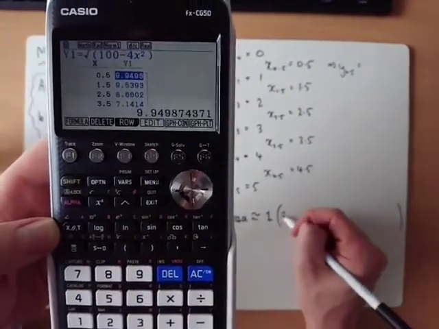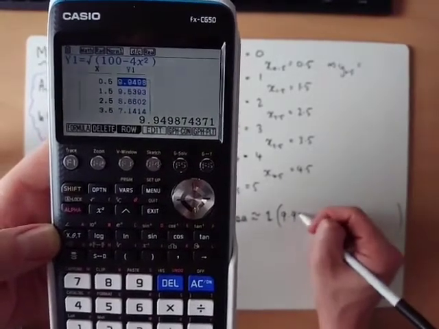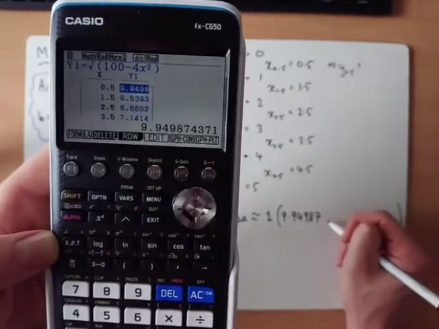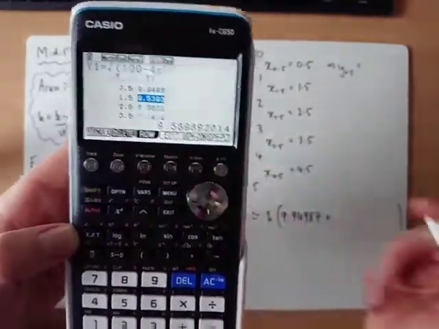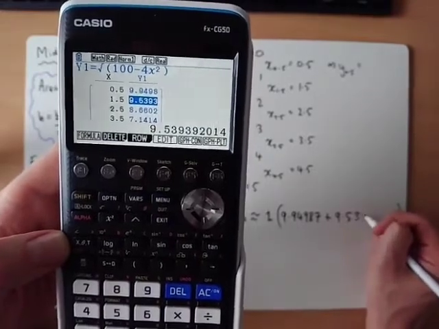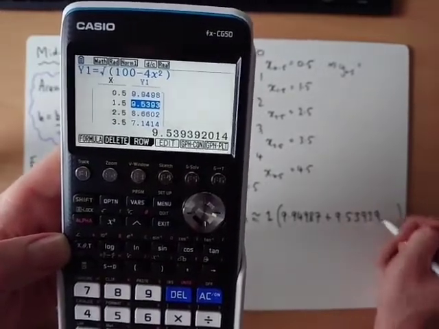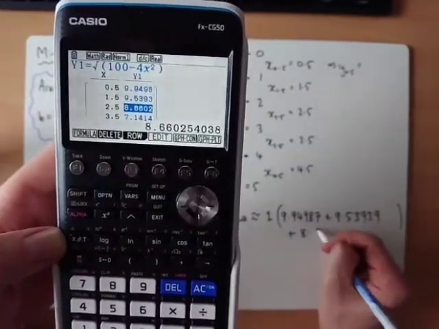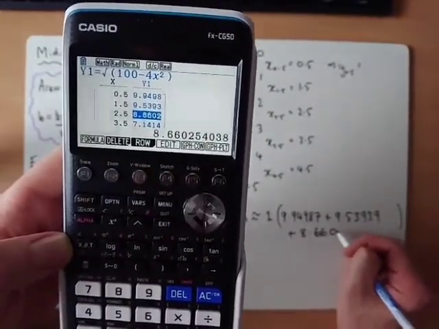Okay, so it'll be 9.94987 plus 9.53939 plus 8.66025.